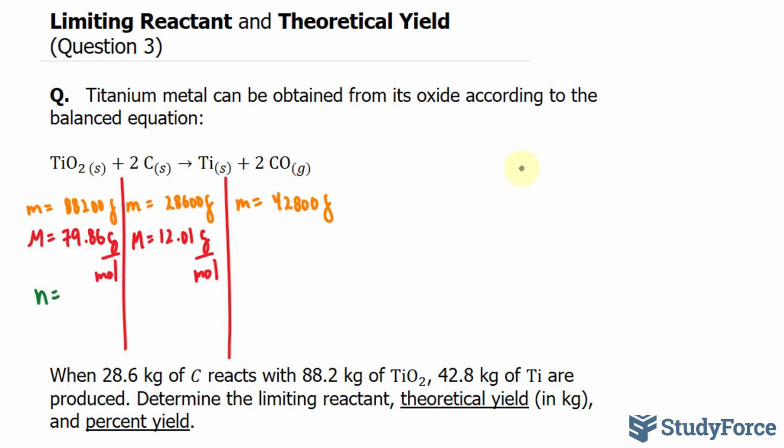For example, if I want to find the number of moles of titanium dioxide, I'll take 88,200 grams and multiply it by 1 mole. Notice that 1 mole was at the bottom, now it's at the top, divided by 79.86. And by multiplying it this way, the amount of grams will cancel out, leaving us with only moles.